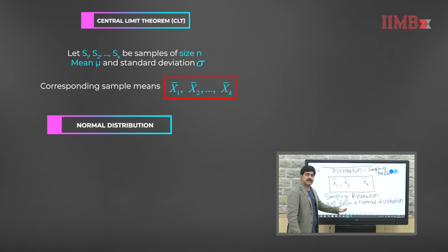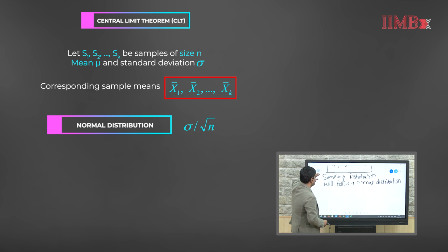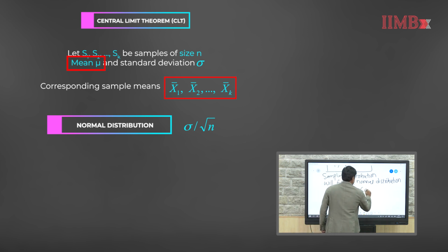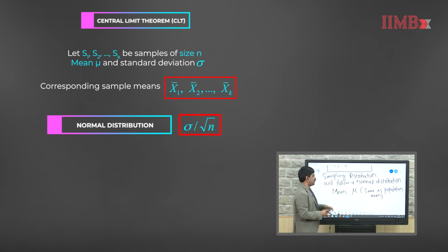With mean mu and standard deviation sigma divided by square root n. So, basically this normal distribution will have a mean which is mu, same as the population mean, and the standard deviation of the sampling distribution will be sigma divided by square root n.